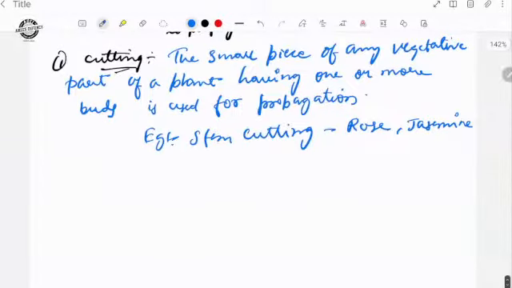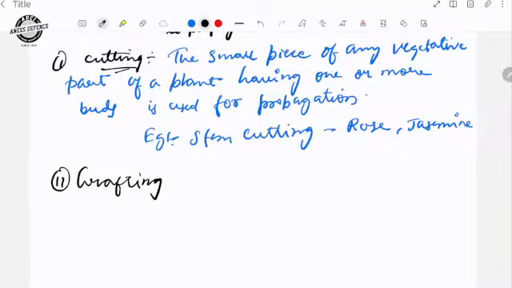Second is grafting. Grafting means what? The part we have cut, that small vegetative body part, we are going to attach to another individual's body part. We attach that cut body part onto another individual that is already growing, of a different species, to get our desired varieties, what we want that is something special.